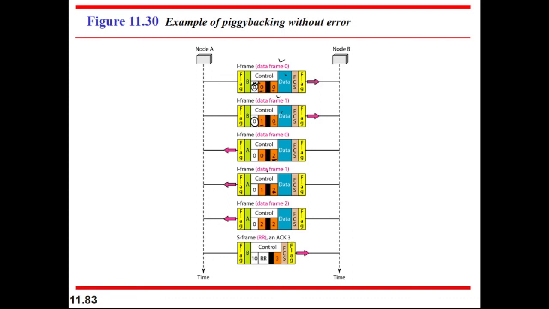Yes, 0 and 1 are accepted, and now send me the second frame. In this way the whole thing goes on. That means piggybacking without error means whatever information you are sending through the frames is all correctly received by the receiver.